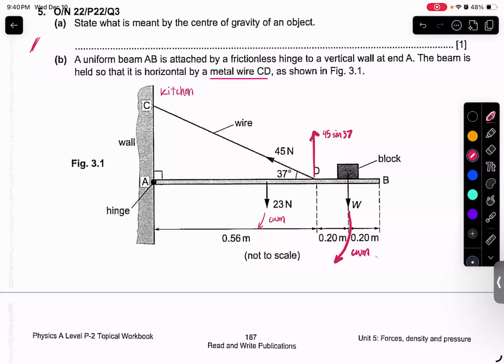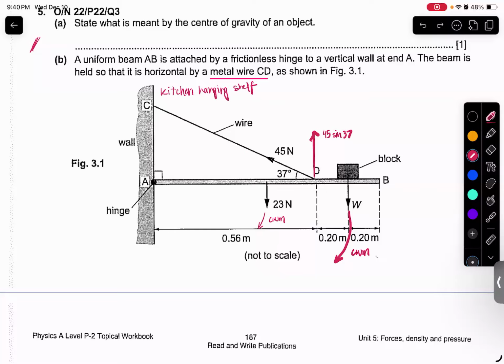This is one of those kitchen hanging shelves which are attached to the wall, but held up by some sort of wire.